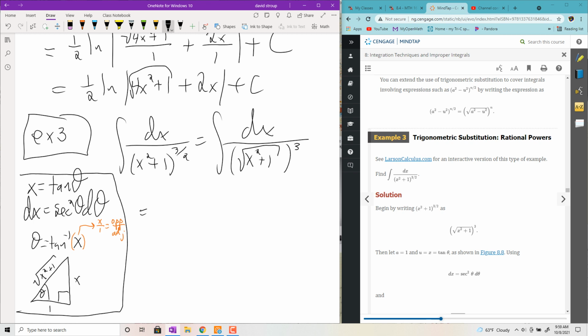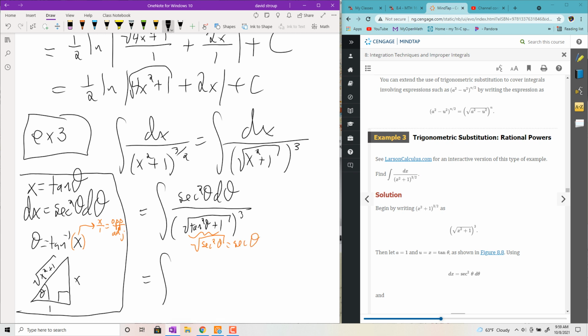Okie dokie. So I get the integral of dx is now secant squared theta d theta. Downstairs I have the square root of, whoops, x is tan, so tan squared theta plus 1, and then raised to the 3rd power. Let's do some simplifying here. So remember, tan squared plus 1 is just secant squared. And then the square root of secant squared will just be your secant theta.